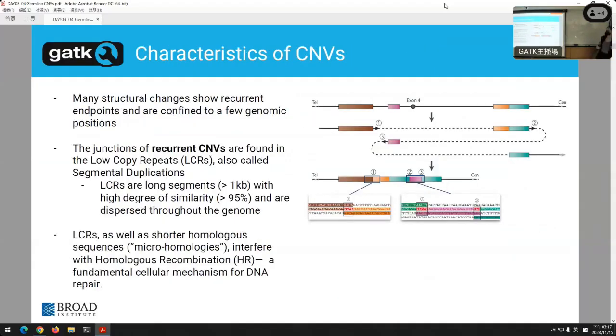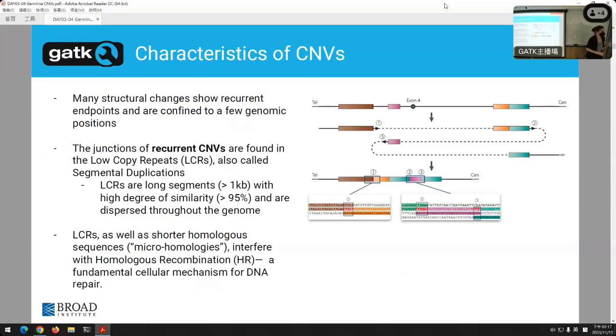Okay, so I briefly mentioned recurrent CNV loci. It turns out that many structural changes tend to happen over and over again in certain regions. And these tend to be repetitive regions.